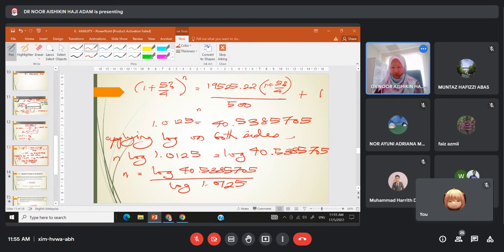Kelas, dapat tak? Saya pun carilah. Log 40.5385705 divided by log 1.0125. Oh Allah, salah tekan.